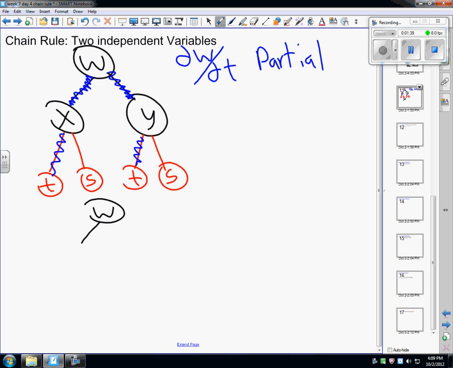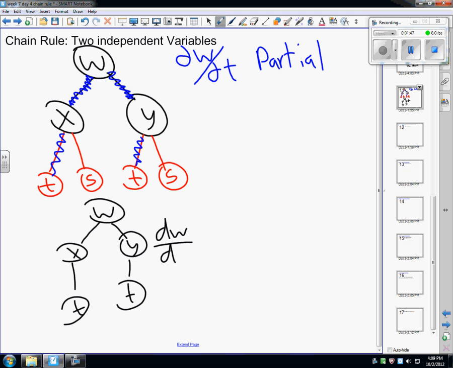If I said W, X, Y to T, I can say dW dt, and that's a full guy because dW dt would be grabbing this slide and this part, which happens to be all of that chain. But on the one I just showed you above, it's not all of that chain because I didn't talk to you at all about the S's.